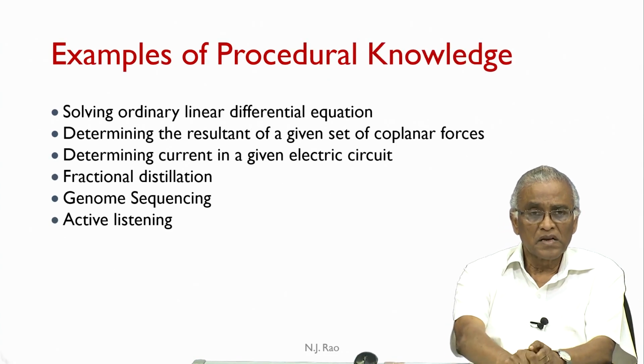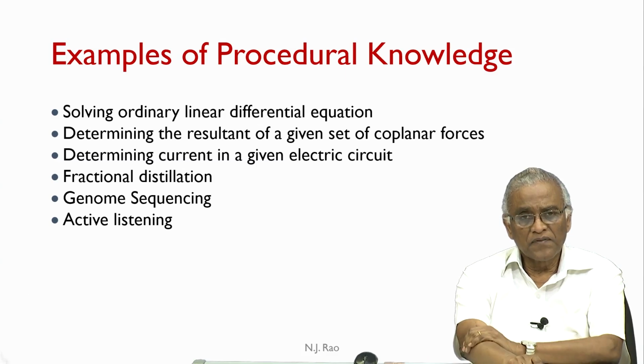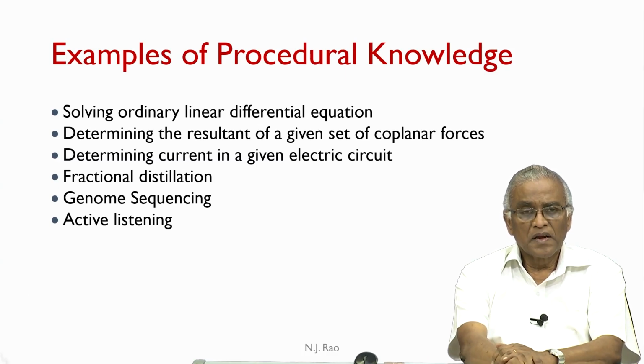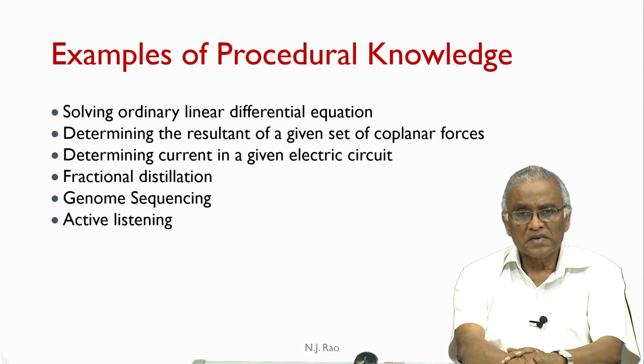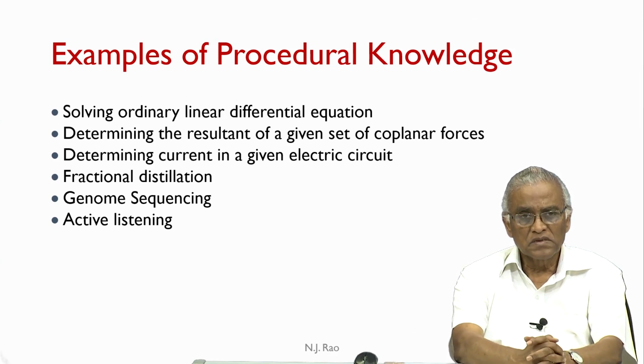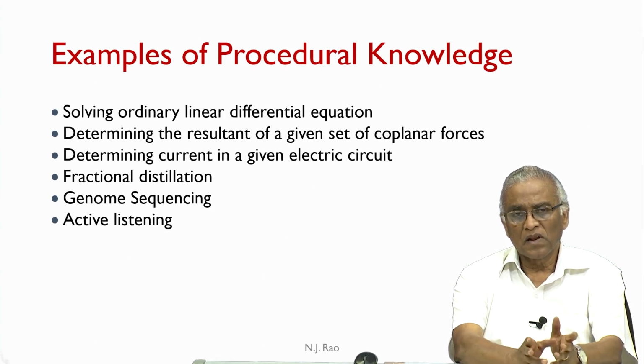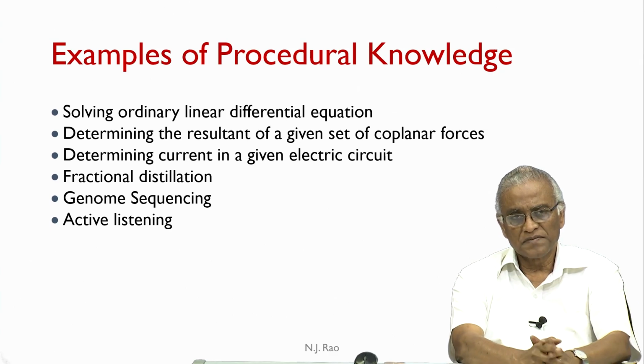Examples of procedural knowledge: solving ordinary differential equations, determining the result of a given set of coplanar forces, determining current in a given electric circuit, fractional distillation, genome sequencing, or simply in English, active listening. These are all examples of procedural knowledge.